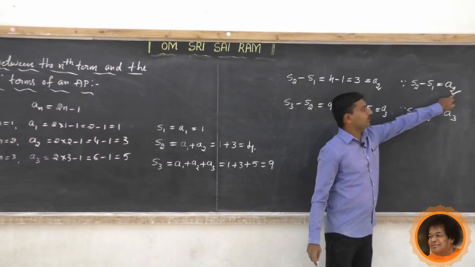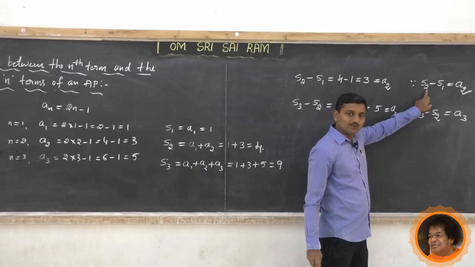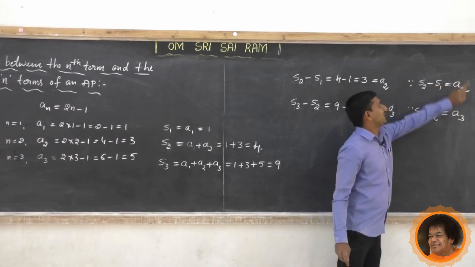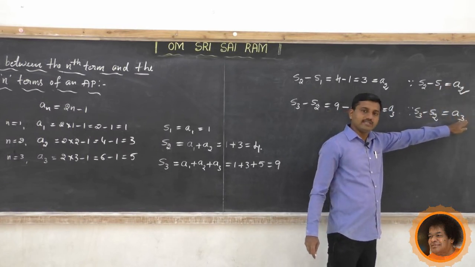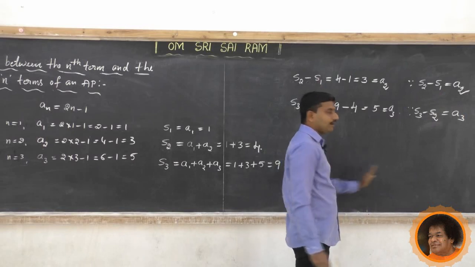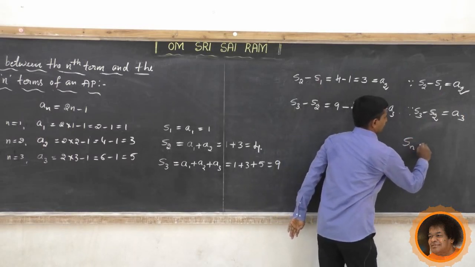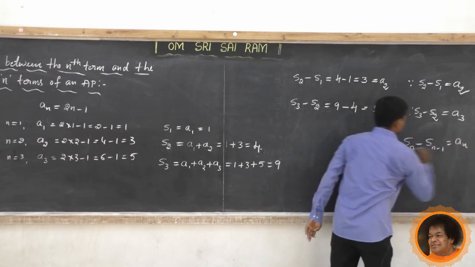S2 minus S1 equal to a2: the sum of the first two terms minus the sum of the first term is equal to the second term. S3 minus S2 equal to a3. From this example, we can conclude that Sn minus Sn minus 1 equal to an.